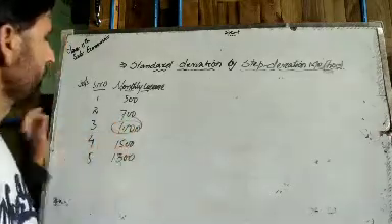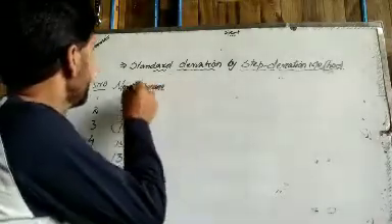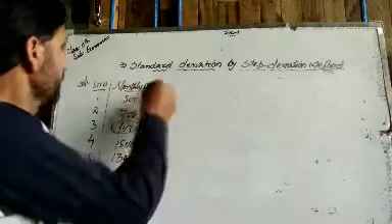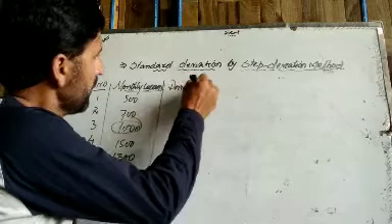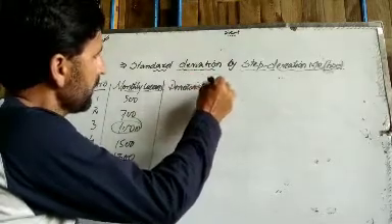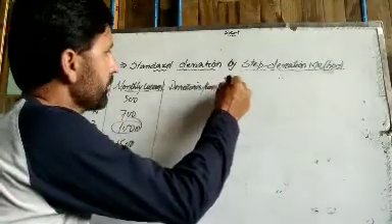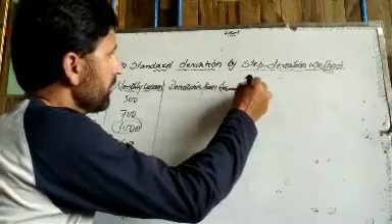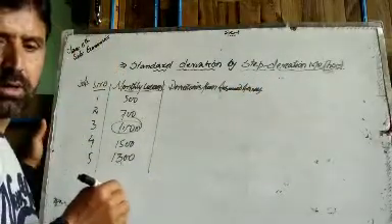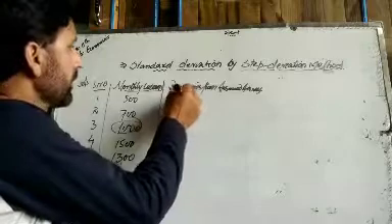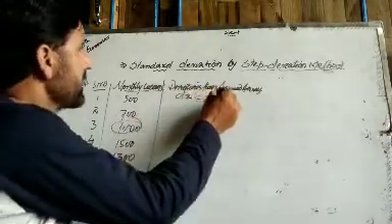We take this assumed mean 1000, and deviation is from the assumed average, that is dx is equal to x minus a.